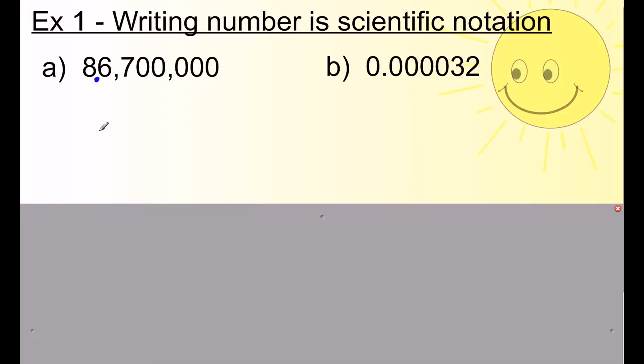So this number, if I imagine my decimal there, would be 8.67. You don't need all these extra zeros at the end of a decimal. So 8.67 times 10, and it's always times 10. That will always be true.